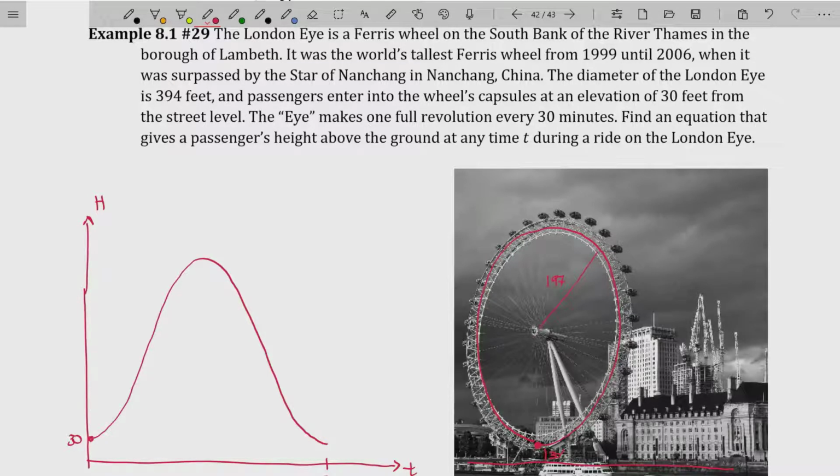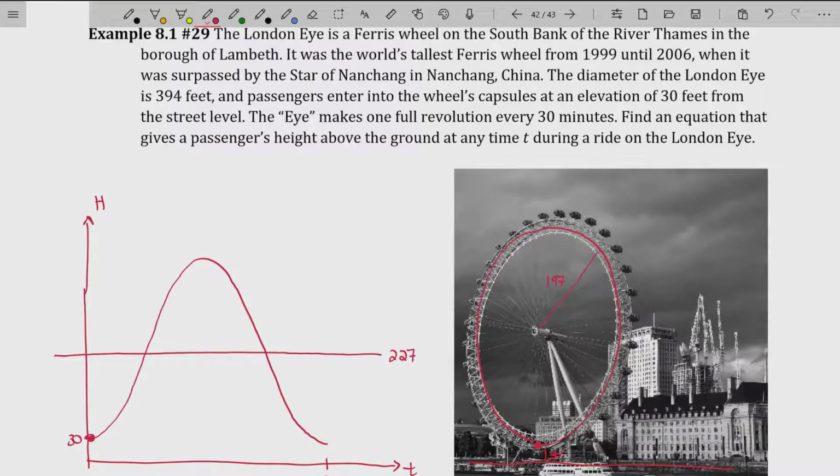So we happen to know that from the lowest low to the midline would be 197 feet. So this midline must be at 30 plus 197 or 227. And that gives us an actual equation for the midline, y equals 227.